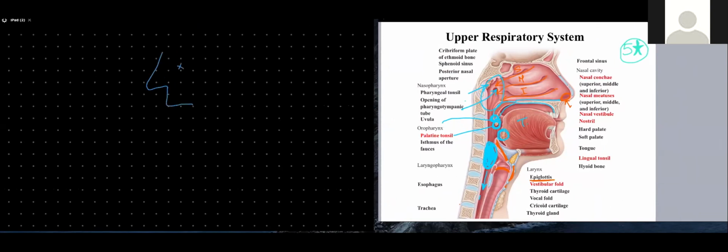This is my hard palate. This is a soft palate. And this is going to be the uvula. This is the tongue. So if I'm swallowing, I've got food in here, or let's say liquid.